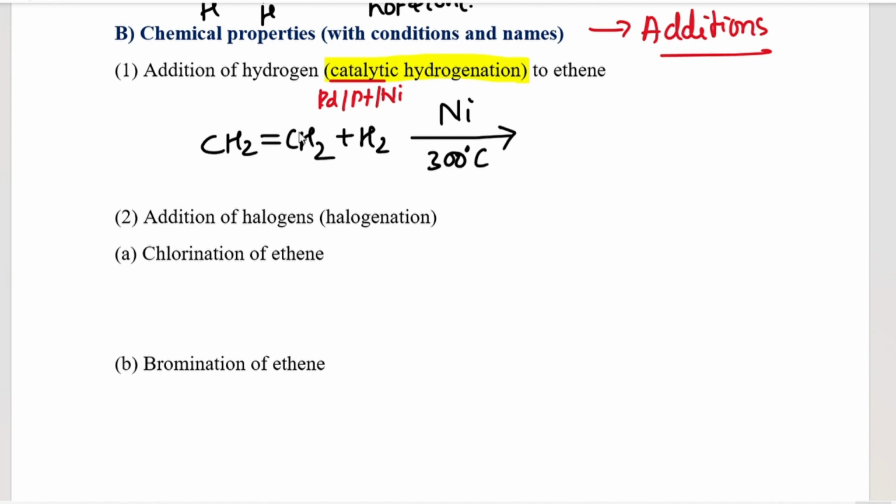One hydrogen will go to this carbon, another hydrogen will go to this carbon, so this will become a single bond, CH3, CH3. What is this? Ethane. So you are converting ethene into ethane, right? Yes. So unsaturated compound can become saturated. They can ask you how do you convert ethene to ethane? Write a balanced chemical reaction.